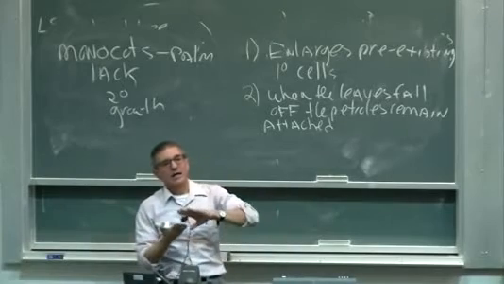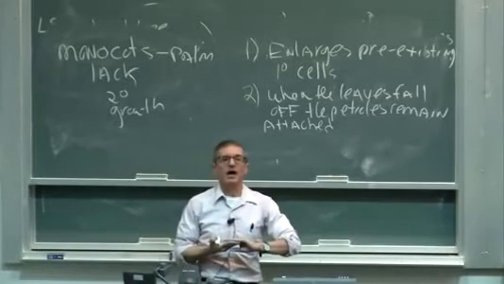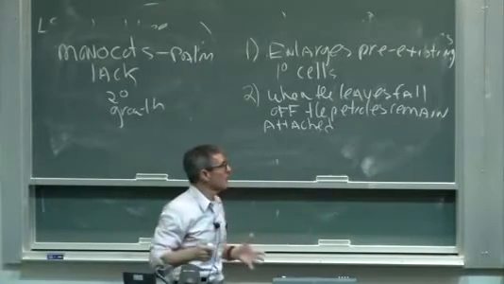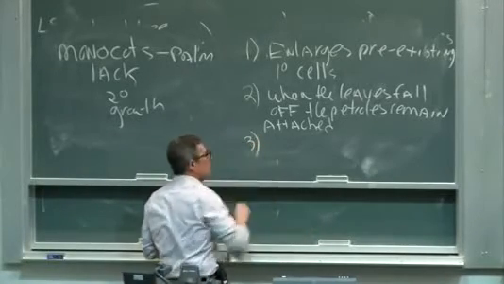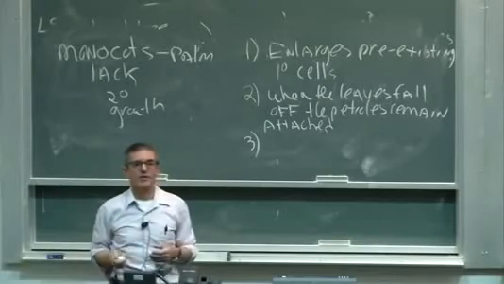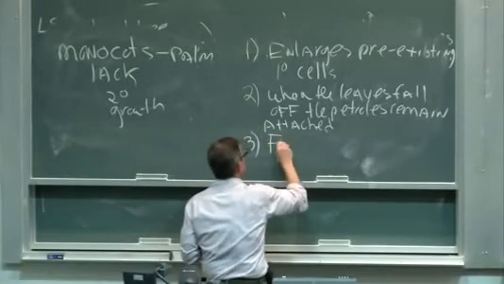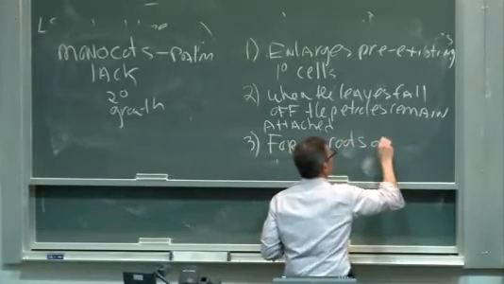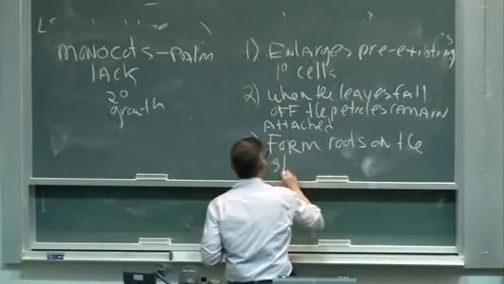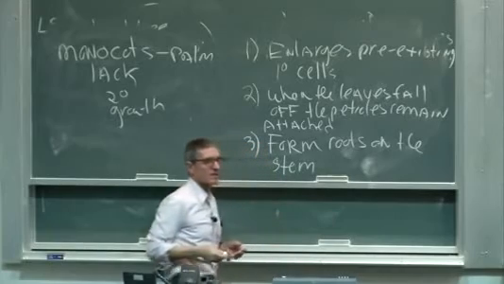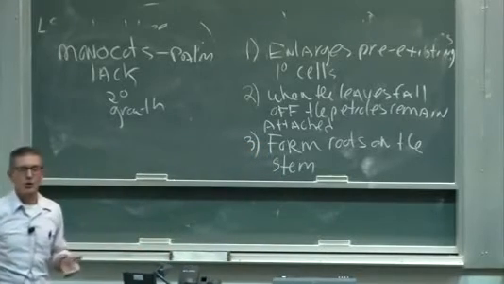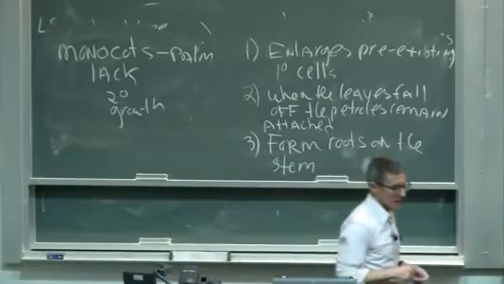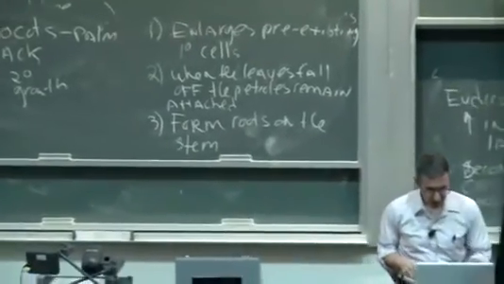And the petioles remaining on the tree increase its apparent diameter and also give it strength. And the third reason that monocots can get thicker is that they form roots on the stem, as we already mentioned. These roots also act to increase the girth or the diameter of the stem. Let me now show you a few pictures of these.